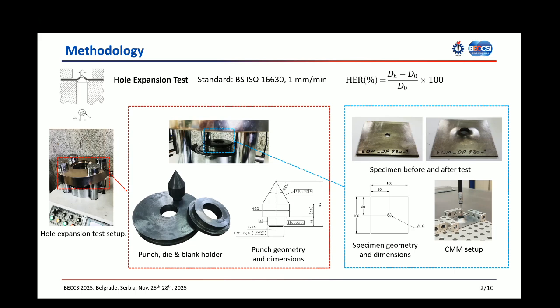The hole expansion ratio, defined by the standard formulation, was then calculated and reported for all materials. On this slide, you can see the hole expansion setup, including punch, die, blank holder, and punch geometry and dimension, the specimen before and after testing, the specimen geometry, dimension, and CMM measurement setup.